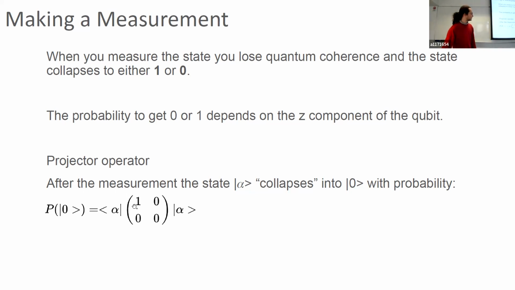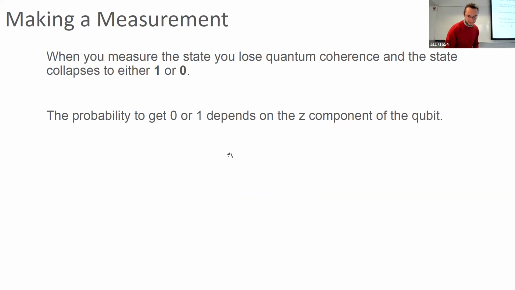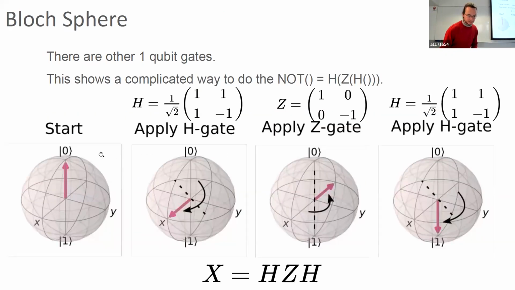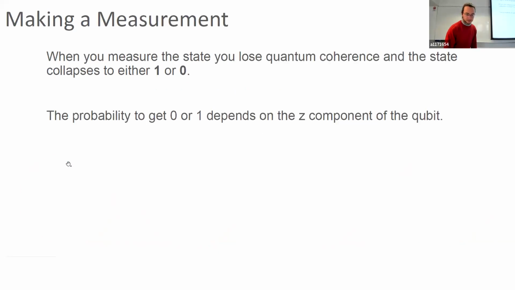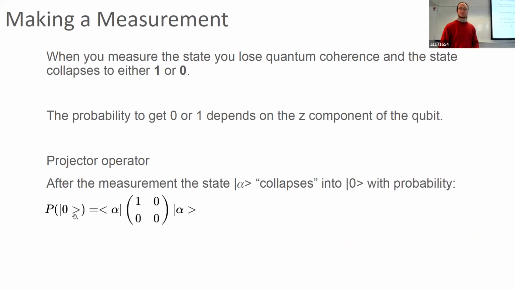So doing this kind of operation gives you the probability of getting the system in the 0 state. If this probability is 100%, because the qubit was in the North Pole, then you will get the system in the 0 state 100% of the time. You repeat the same experiment many times, you will always get the qubit in the 0 state.